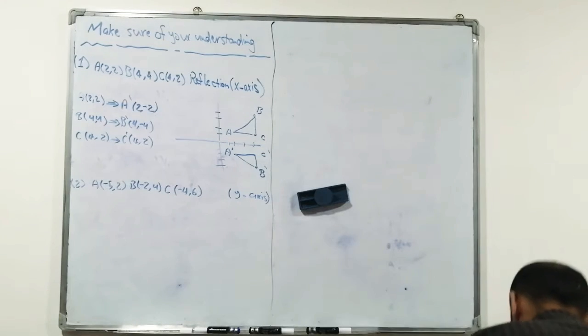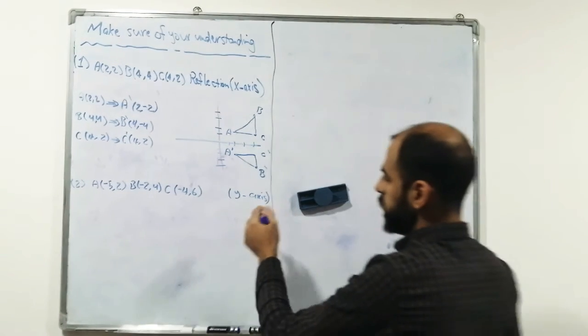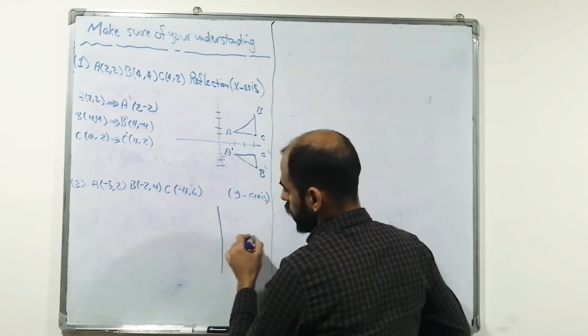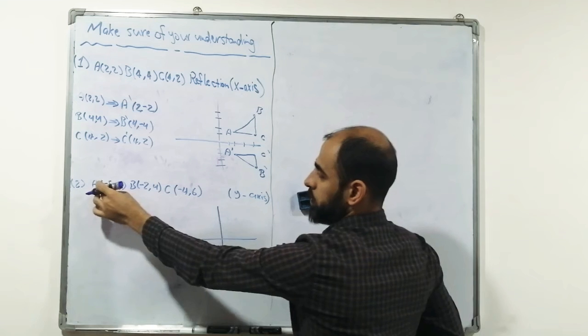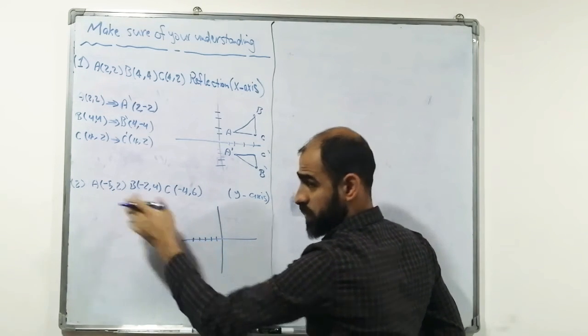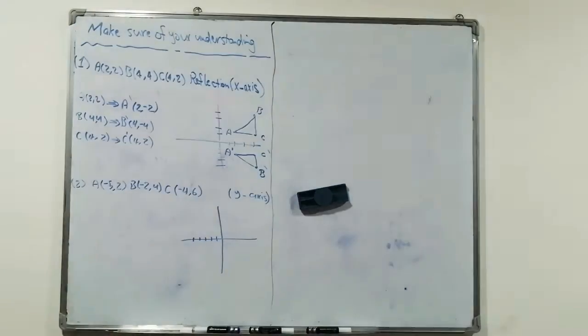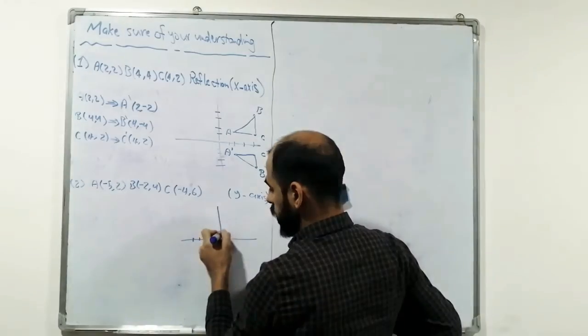First we have to determine the points in the coordinate plane, then find the reflection. We will draw a coordinate plane. Determine the point (-5, 2): 1, 2, 3, 4, 5, minus, that means we go to the left, because x is minus 5, then 2 upward.